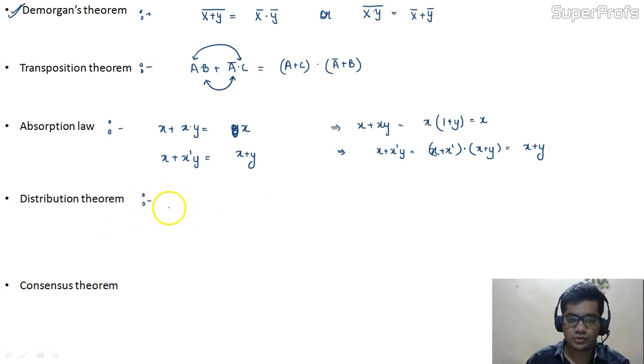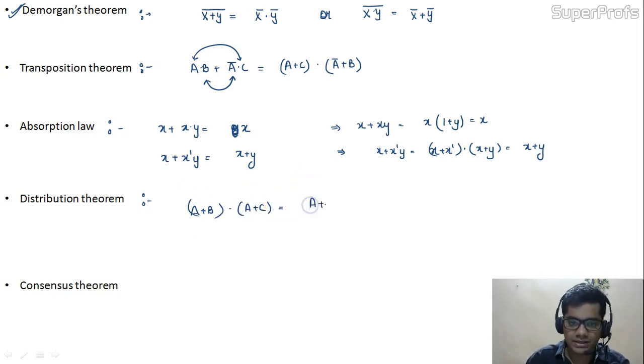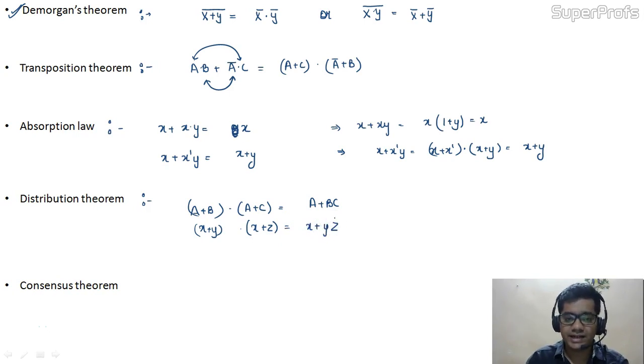So the distribution theorem states that a plus b dot a plus c is equal to a plus bc, or we can write in xyz form also. x plus y dot x plus z is equal to x plus yz. Okay, so this is our distribution theorem.